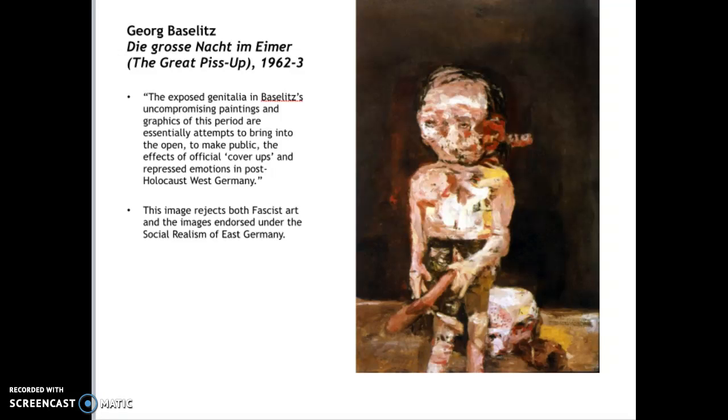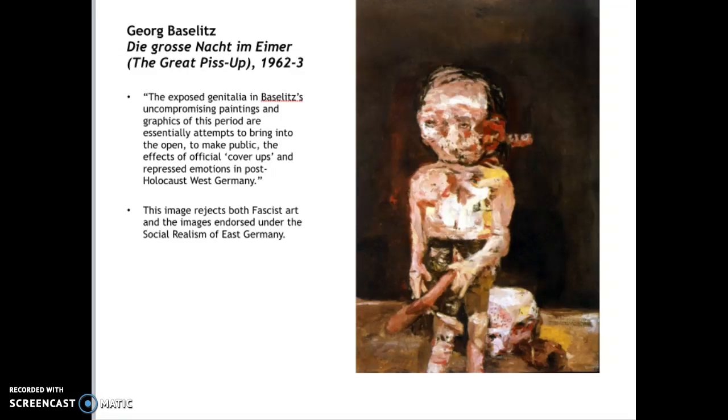He's talking politically about the idea of covering up things that happened during World War II, and the people who are left, who are not necessarily tried as Nazi criminals, but still had a hand in some of the goings-on that happened during World War II and the reaction to that.